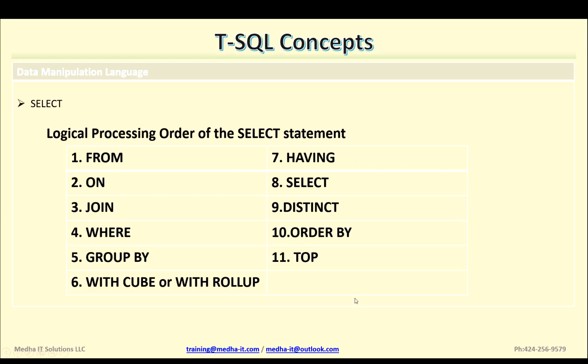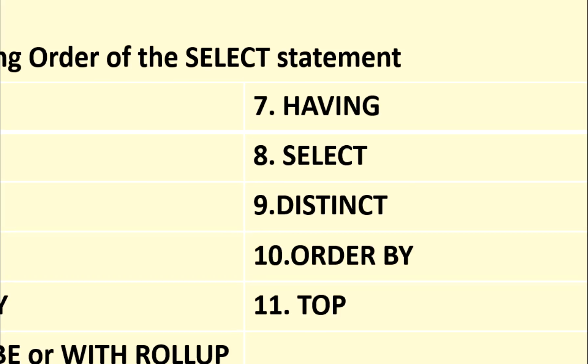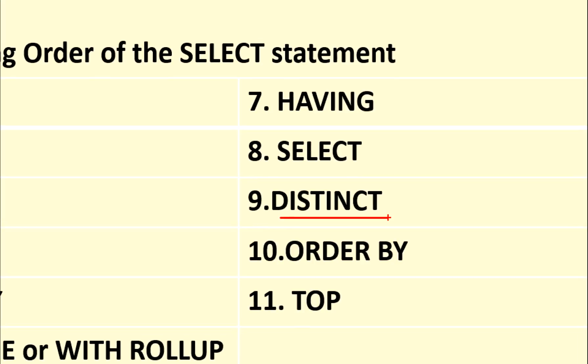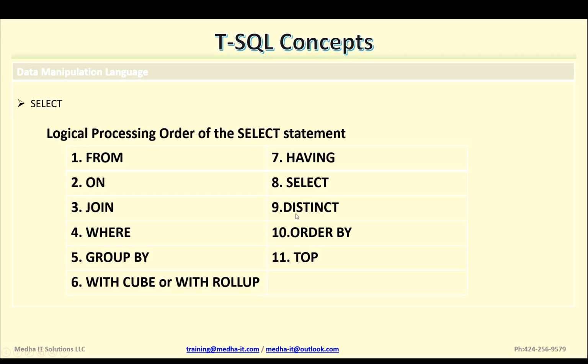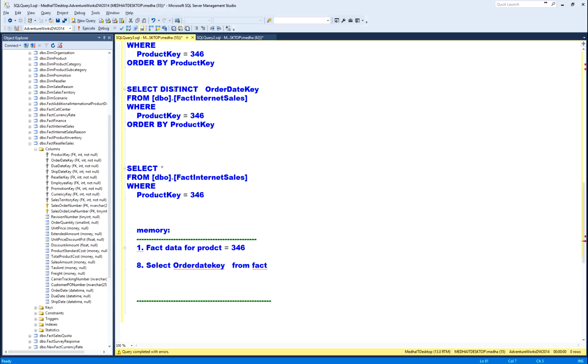Now next we are executing distinct. The moment SQL Server processes this distinct clause, since we are using distinct as part of the ninth processing step, it eliminates duplicates from order date key values, right?